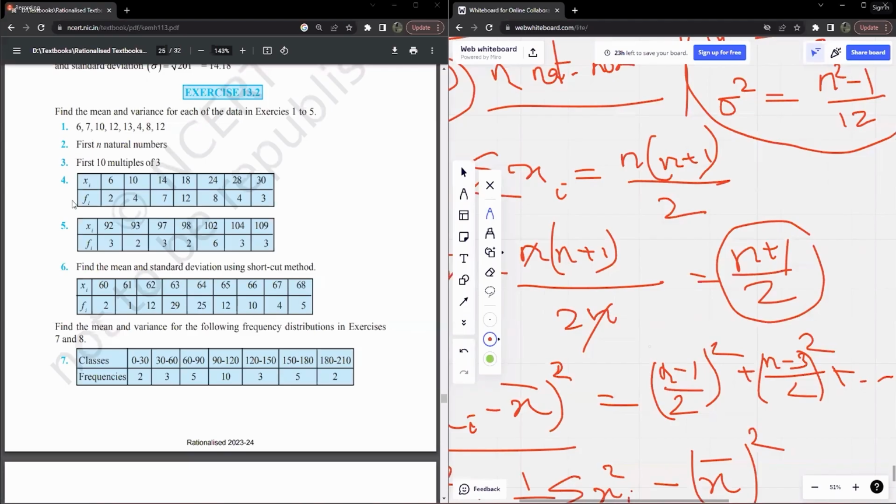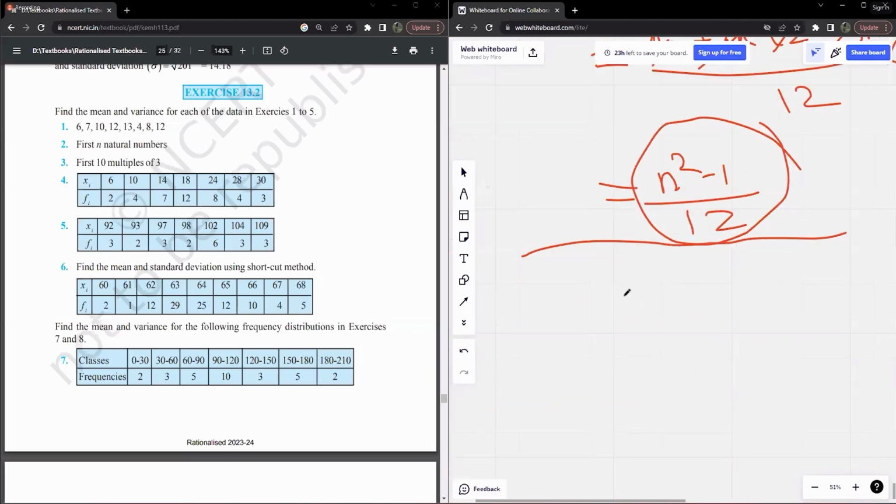Question 3. First 10 multiples of 3. So we have the data set to be 3, 6, 9, and so on, until 30. Pretty easy, right? Sigma xi is basically 3 into sigma of 1 till 10, right?